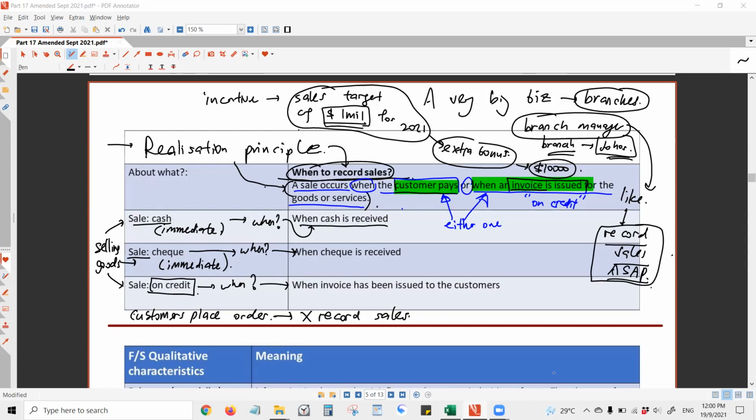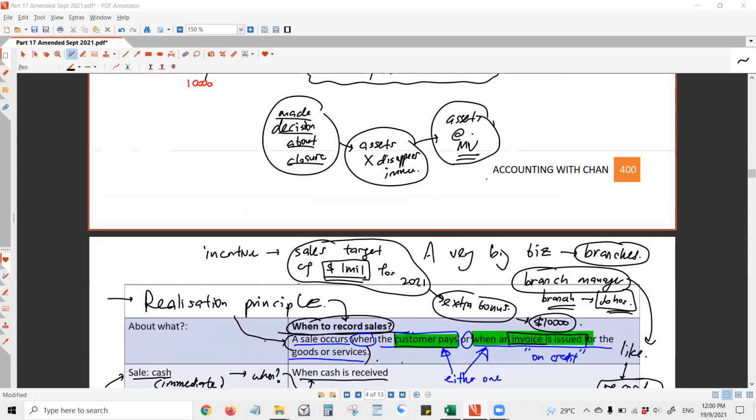In what situations would you sell goods on credit? When customers buy really a lot from us, maybe 1 million units of goods. Probably they are running another business, so they buy a lot from us.